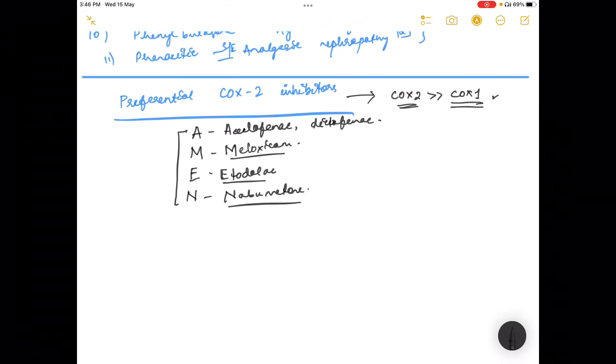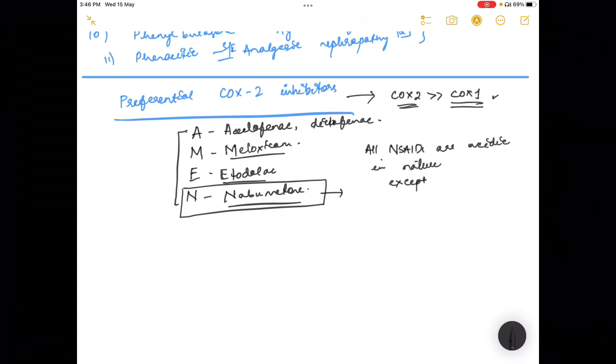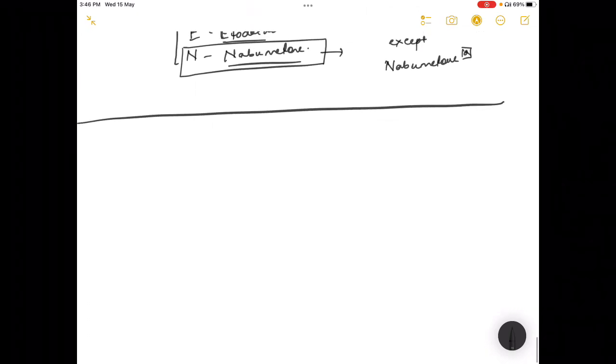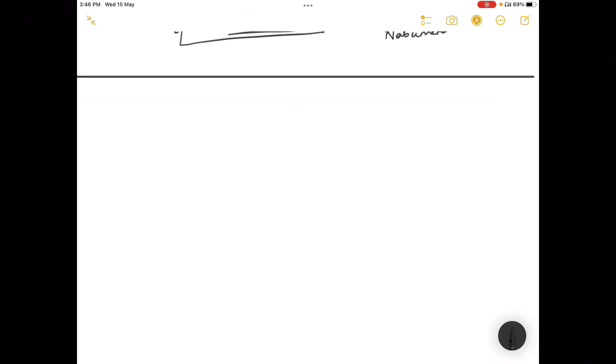Here you need to remember that all NSAIDs are acidic in nature except this one drug, that is nabumetone. All NSAIDs are acidic in nature except which drug? Nabumetone.